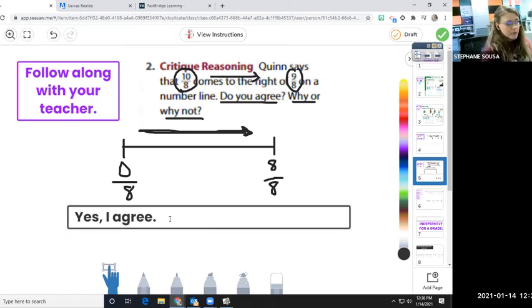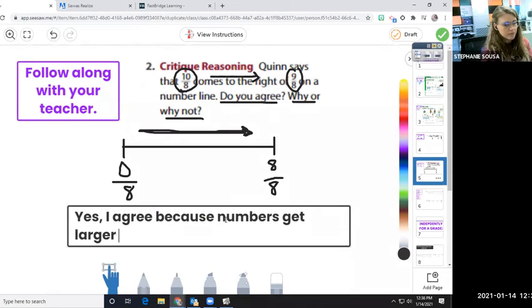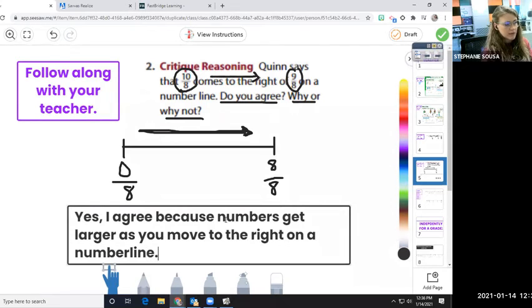Yes, I agree. Because, that's that explanation word. We got to have because in there if we've been asked why. Because numbers get larger as you move to the right on a number line.